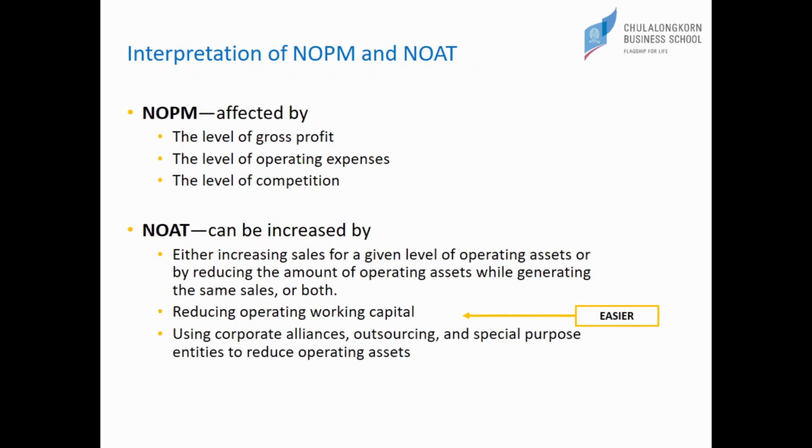And it's considered the easiest way among these three options. Or as we saw, they can also use alliances or outsource their production facilities, or they can create special purpose entities to park this asset outside the current firm boundaries. So the denominator is going to be lower. Okay?